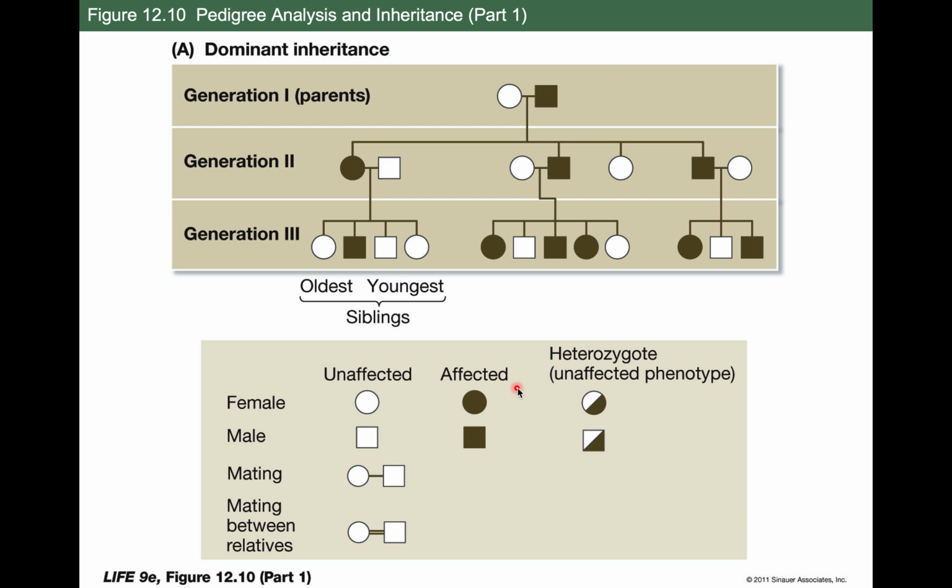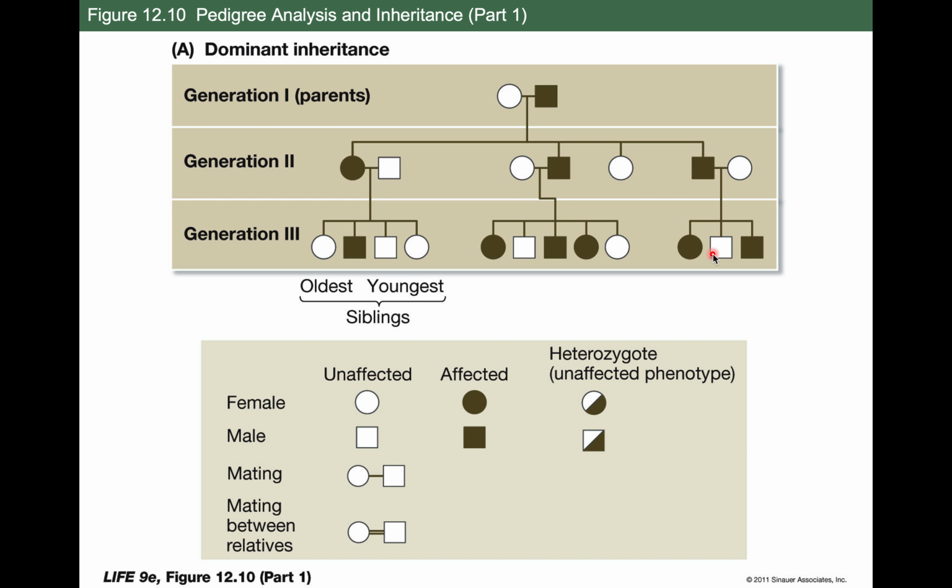So if you haven't looked at a pedigree before, just to get you comfortable with the notation here: females are always represented by circles, males by squares, and we would represent a couple that has children by connecting them with a horizontal line like this, and then lines branching off of that horizontal line to each of their offspring, each of their children. So this couple here had 1, 2, 3, 4 children, and so on.